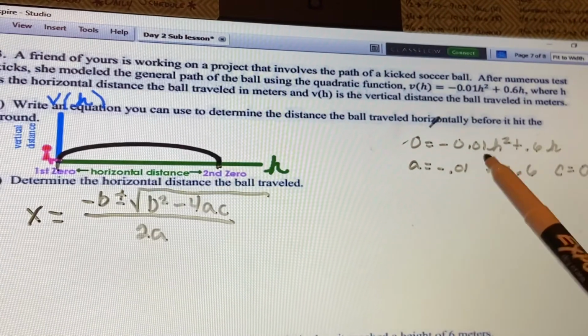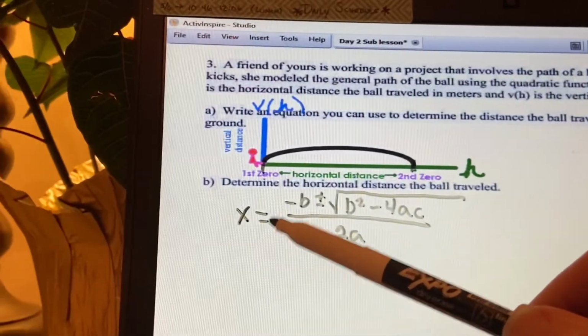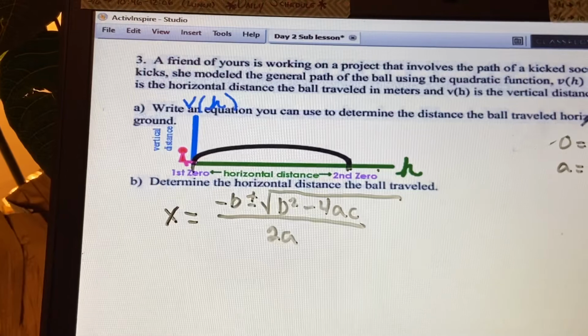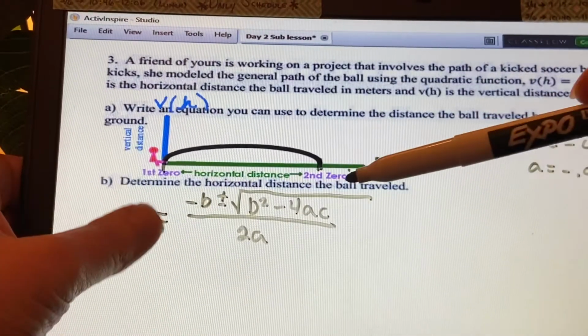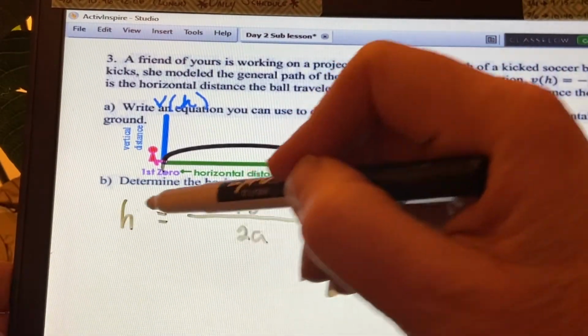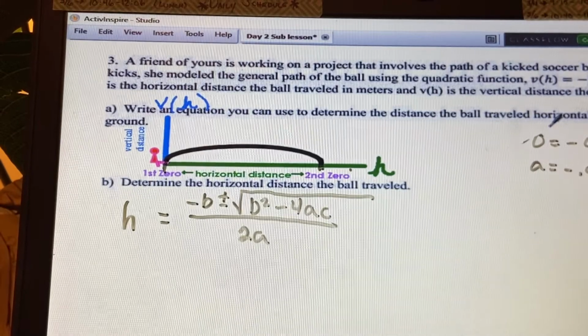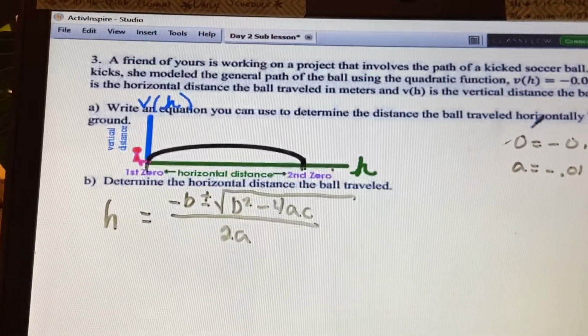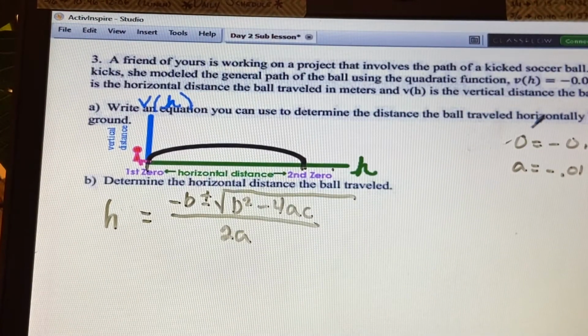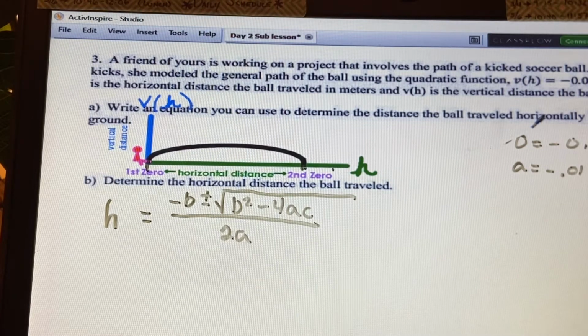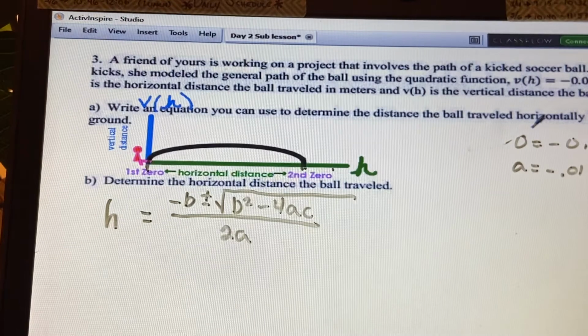No. We have h's to solve for. So that means I have to take this and change that to an h. So on your first page of notes, the second thing you wrote down, I said that can change with the problem situation.